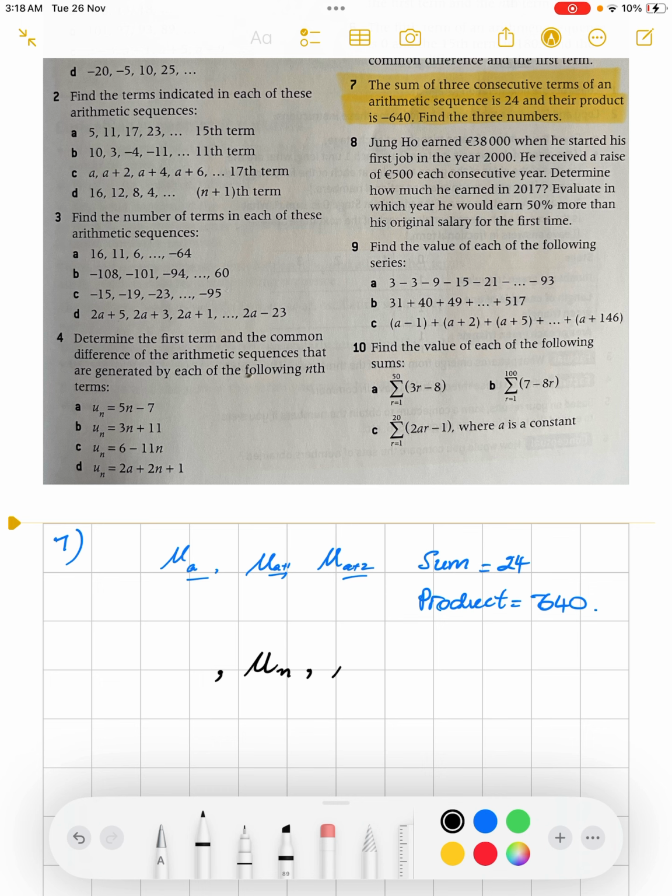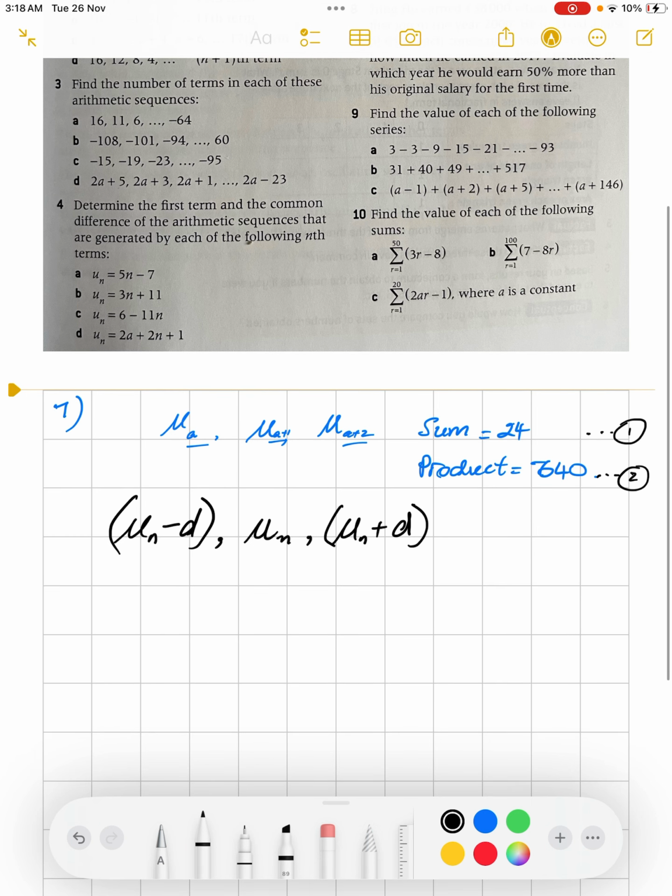The next term is the previous term plus some d value, and the term before that is that term subtract the d value. So we've got two variables, and we've got two equations. We need to create our two equations using these two variables.